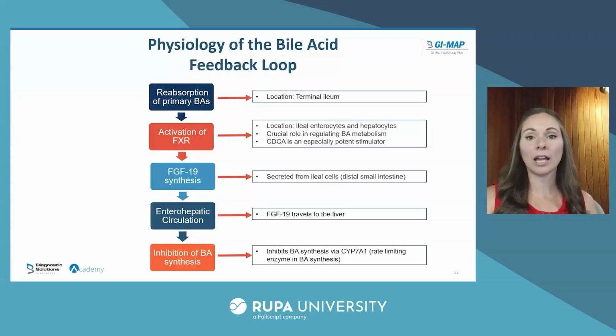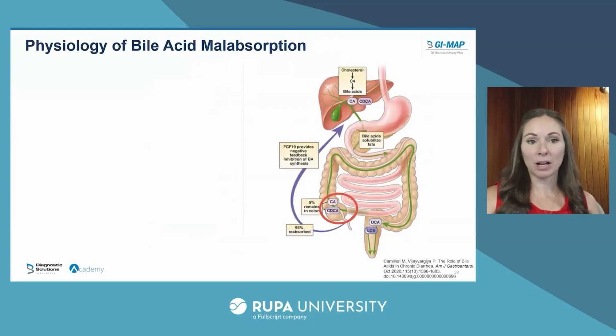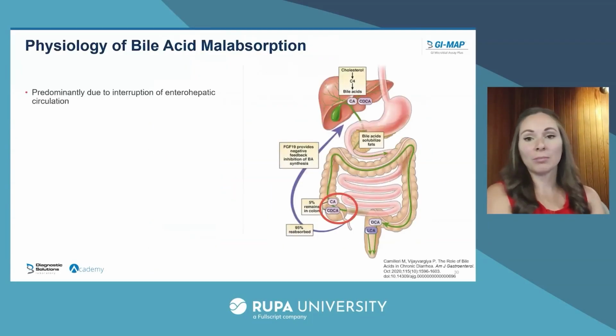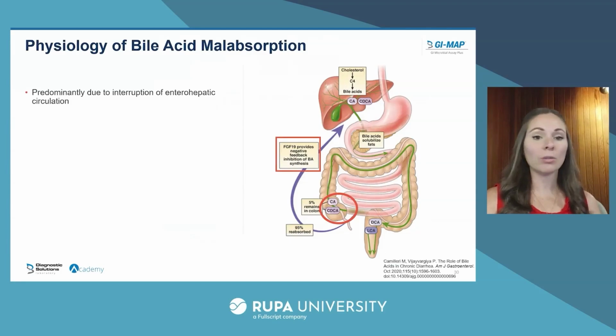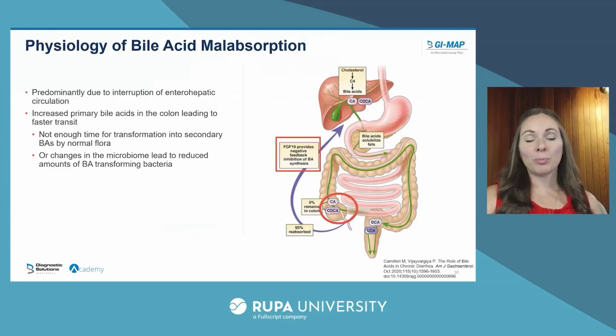So what does it look like when we have bile acid malabsorption? So bile acid malabsorption or bile acid diarrhea is predominantly due to an interruption in what we just looked at, that enterohepatic circulation. So that is over on the right-hand side, that FGF19 and that blue arrow, that's that circulation again from the gut to the liver. So when we get increased primary bile acids in the large intestine or the colon, that leads typically to faster transit.